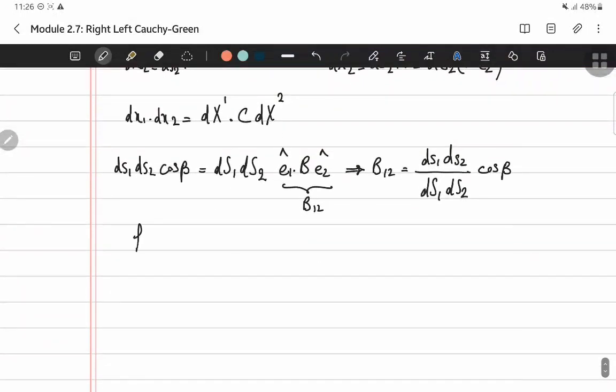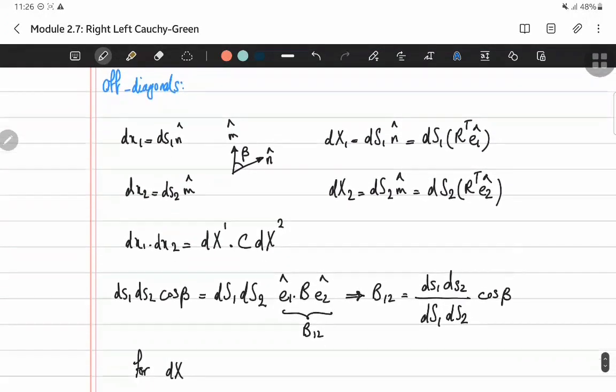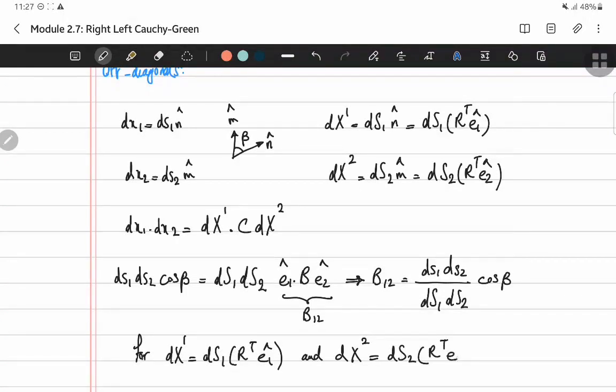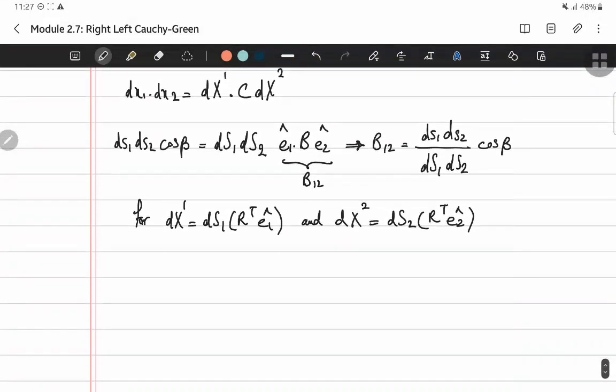And remember, here we made an assumption for dx1 equal to ds1 R transpose E1, and dx2 is equal to ds2 R transpose E2. You can do the same for B13 and B23.